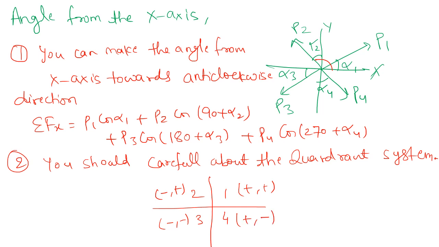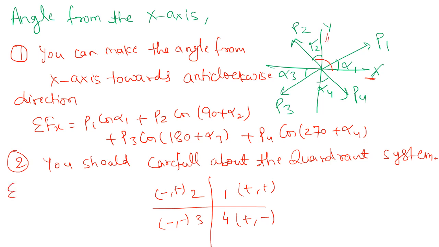Okay, so now here you see that for alpha 1, if you consider the components of this P1, the components are along this axis and along this axis. So how can you write in this case?